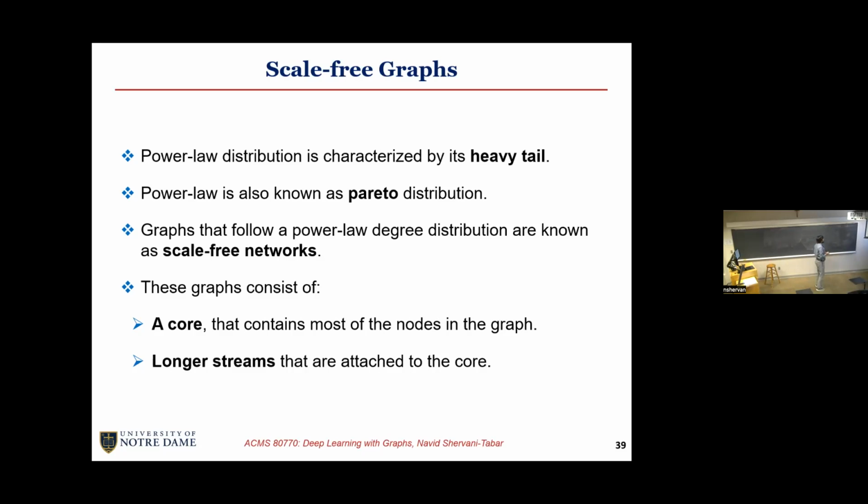They have two components. They have a core that connects most of the nodes in the graph, and a number of nodes that are connected to the core, like a filament, like a hair. So long strings, essentially.